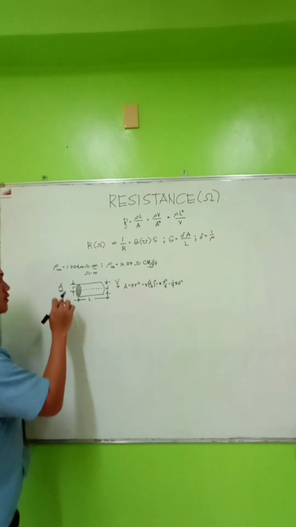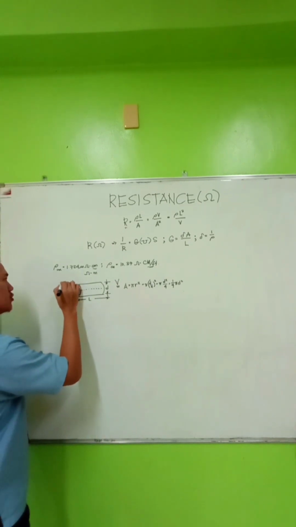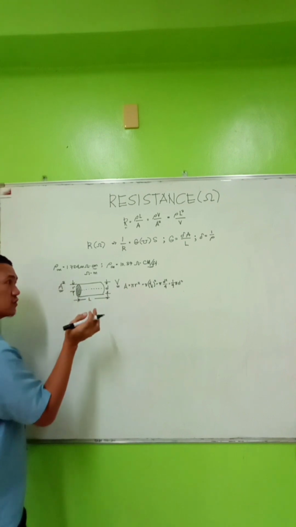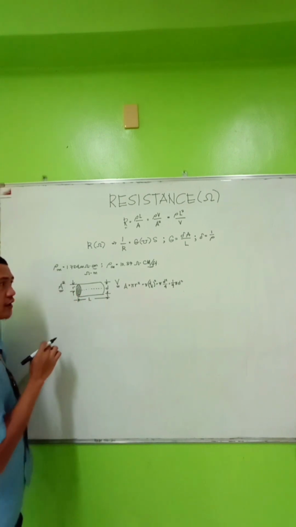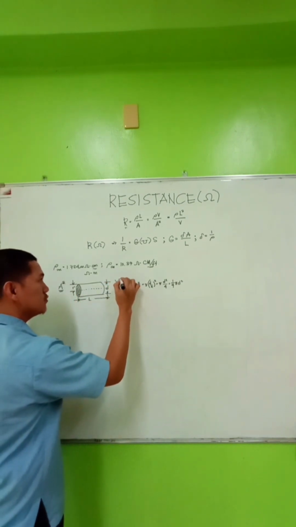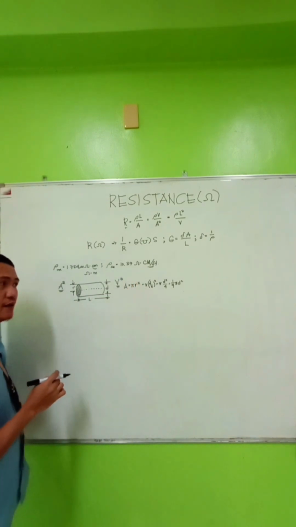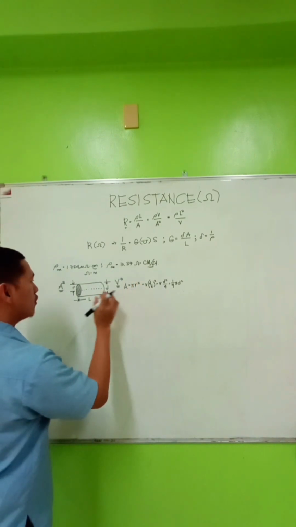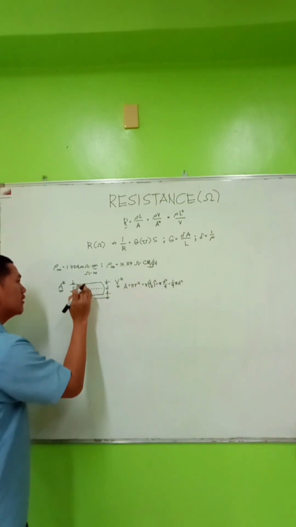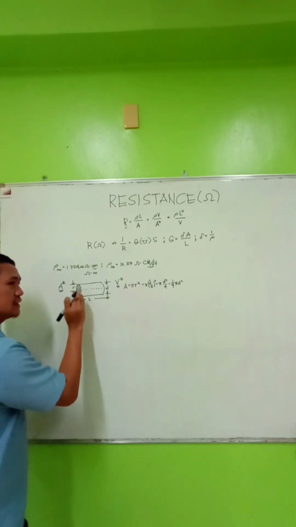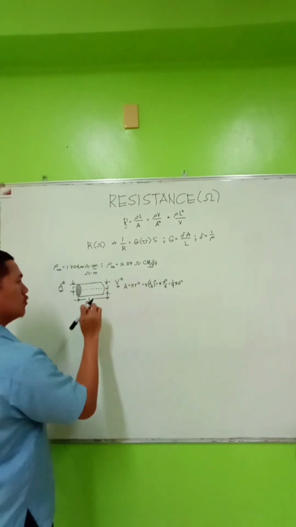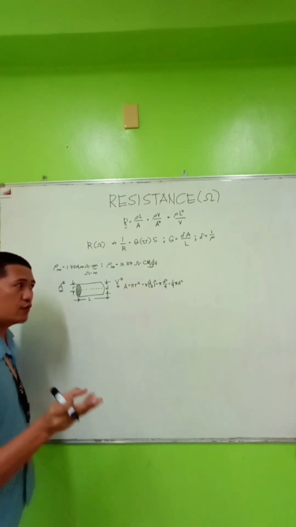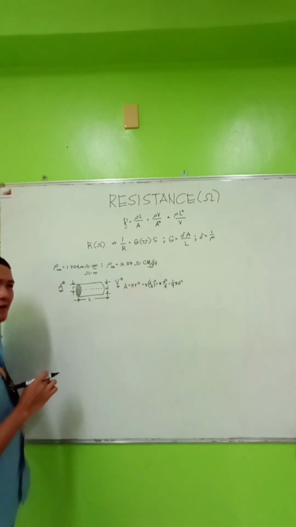Now, the unit for your cross-sectional area should be in square, and the power of your volume should be in cube, right? It means that in order for you to determine the volume of this cylinder, you need to multiply it with your length. Yes.